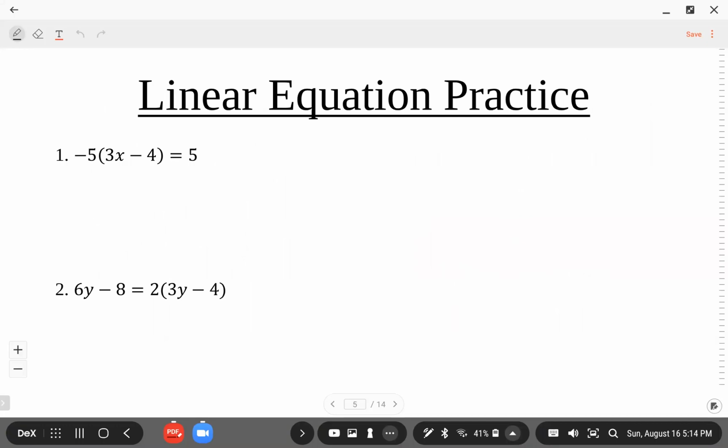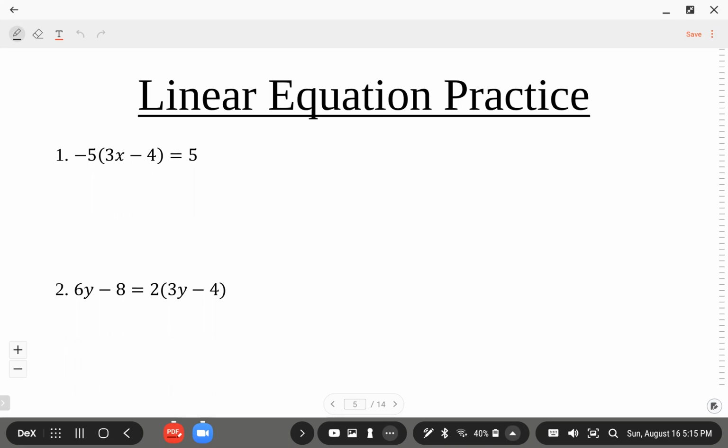So now let's do some practice with a linear equation, okay? So the first problem is -5 times the quantity of 3x minus 4 equals 5, okay?